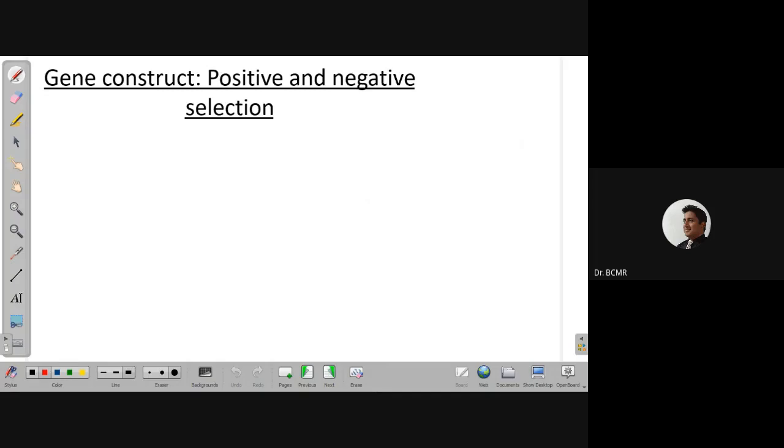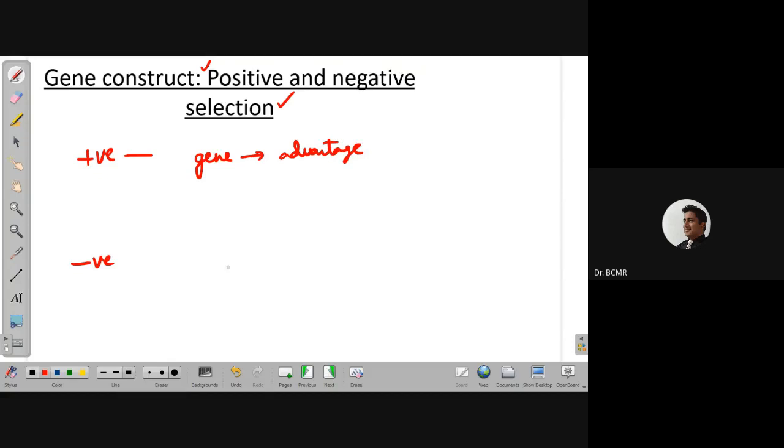So now the important part is to understand what is positive selection and negative selection. We have already done this before, and I want to repeat it once again. What is positive and what is negative selection? Positive selection is when the presence of a gene is conferring a survival advantage, that is, a growth advantage.